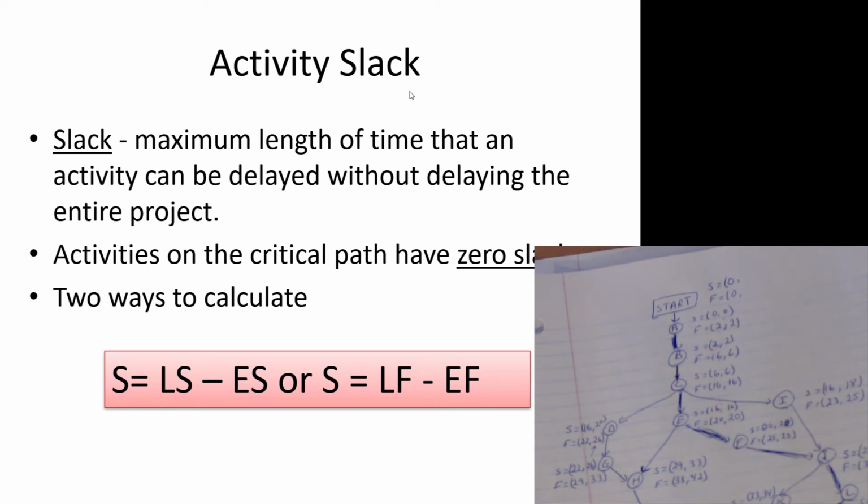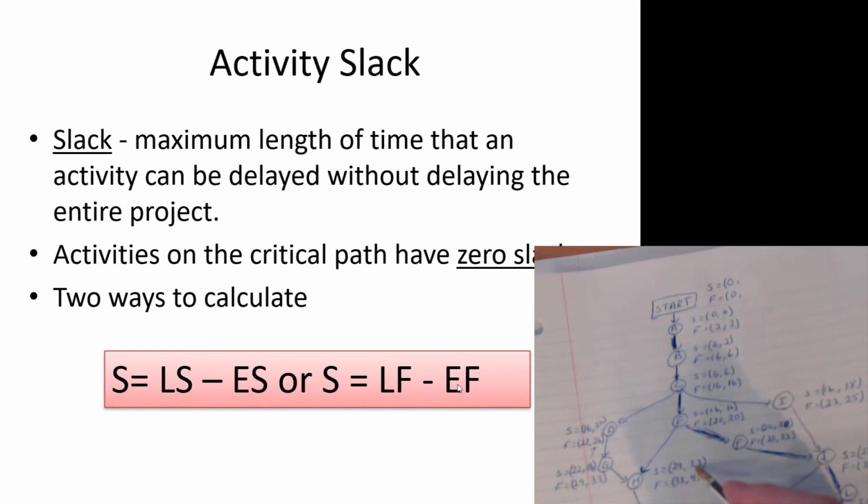However, activities off the critical path will have some slack. Okay? And we can calculate that activity slack either by comparing the differences between the latest start time versus the earliest start time, or the latest finish time versus the earliest finish time, right?